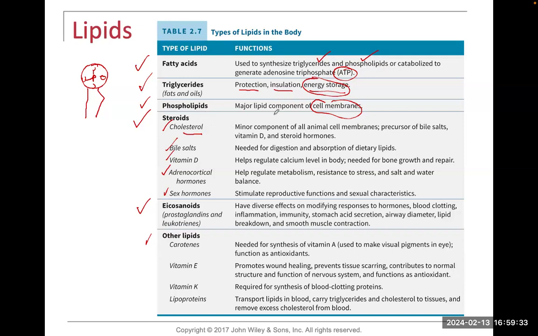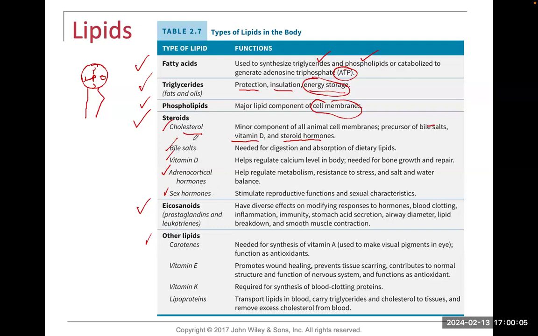Cholesterol is a component of the cell membrane. The brain is mostly fat and cholesterol. It's a precursor to bile salts. Cholesterol is needed to make vitamin D, and it's needed to make steroid hormones. Some of the steroid hormones are sex hormones: estrogen, progesterone, testosterone.